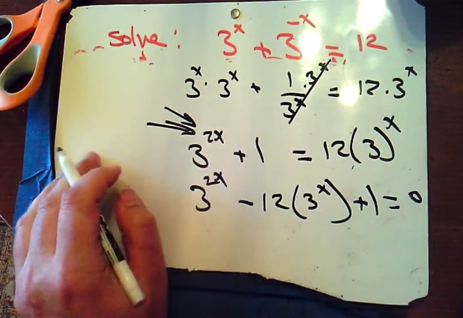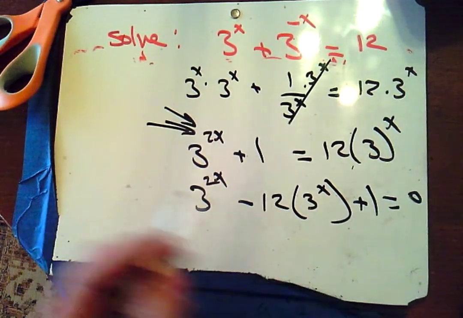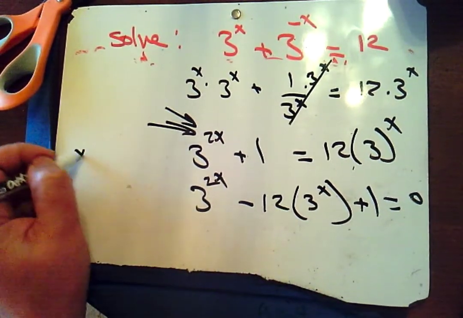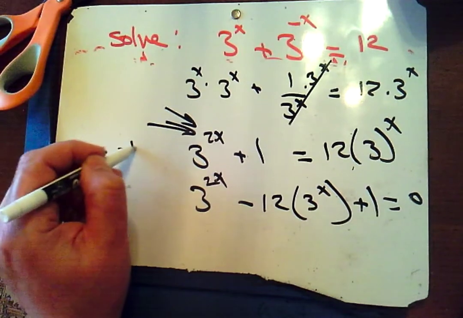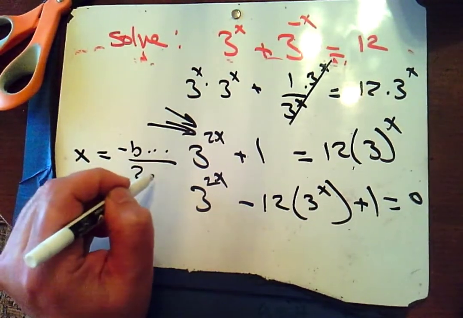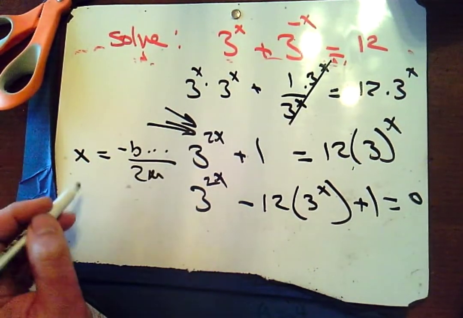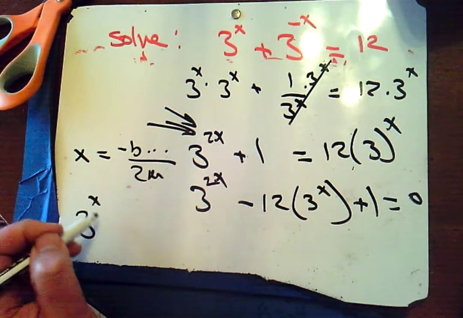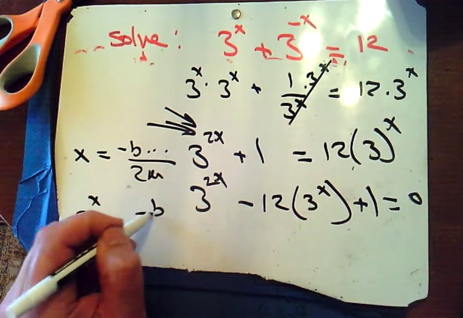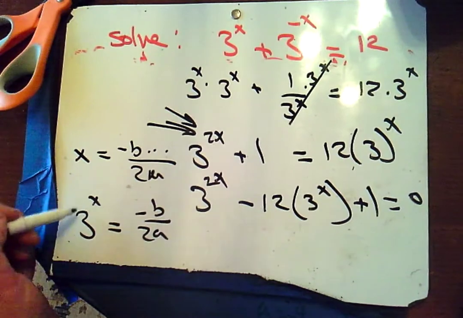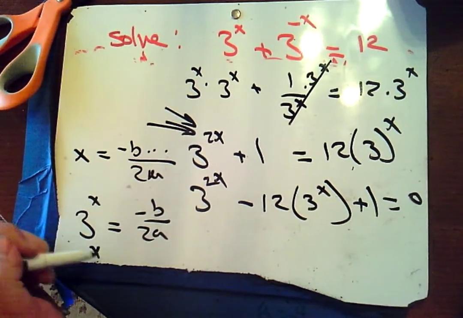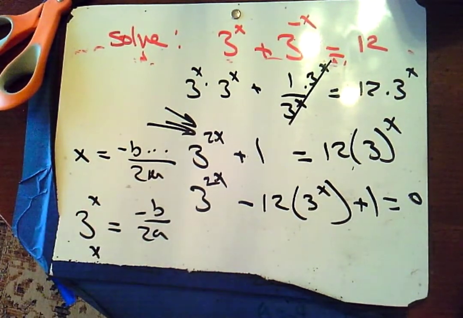I guess I showed you also I could use quadratic formula, but remember when we use quadratic formula, instead of the normal x equals negative b over 2a stuff, this is 3 to the x equals negative b over 2a. And then we still needed to solve for x by taking the ln of both sides.